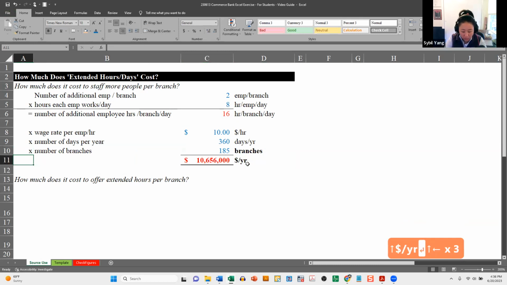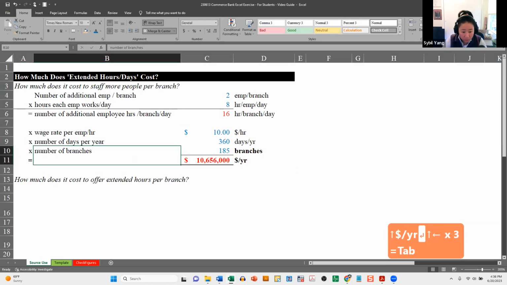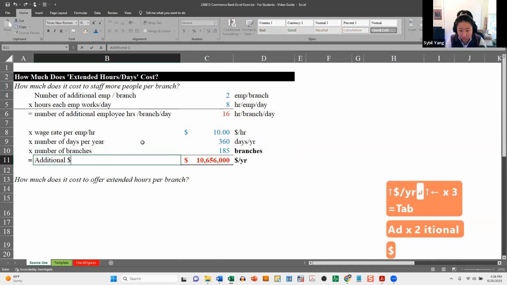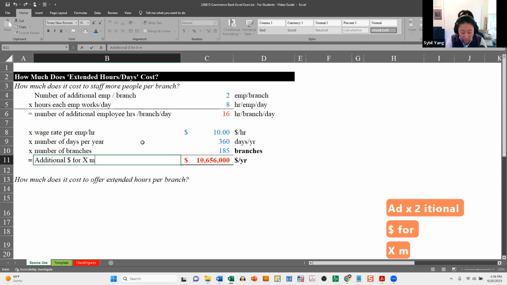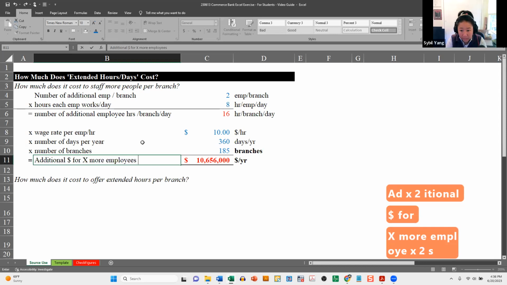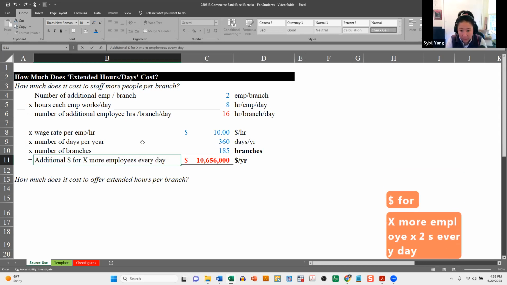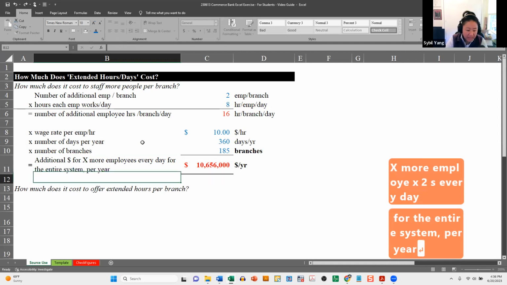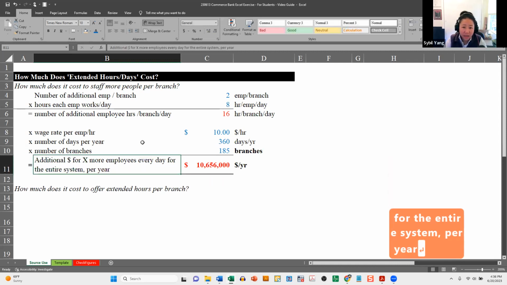This should be additional cost for X more employees every day for the entire system per year, and I say entire system because it's all of Commerce Bank.